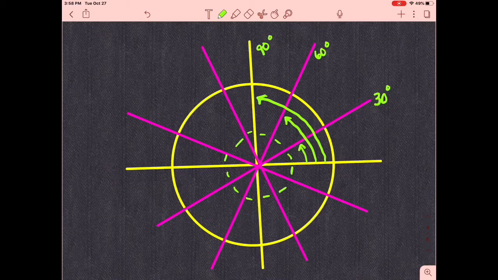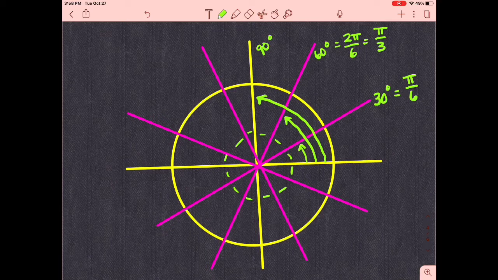All right, so when we go 30 degrees, and you could use unit conversions for this too, 30 degrees is the same as pi over 6. So 60 degrees is the same as 2 pi over 6, or pi over 3, if you simplify it.